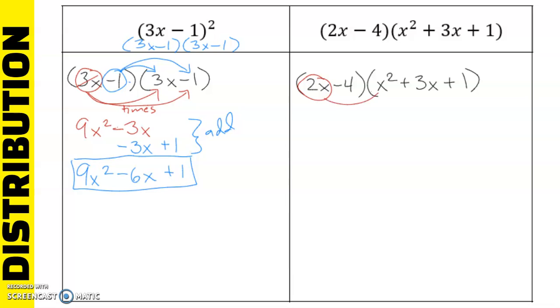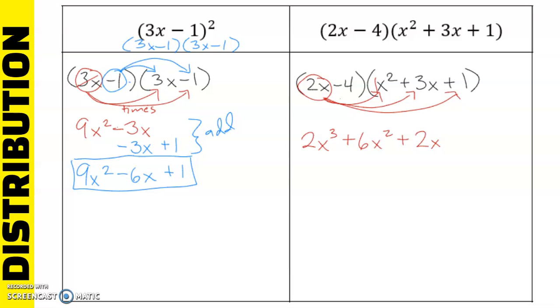So 2x times x squared is 2x cubed. 2 times 1 is 2. X times x squared is x cubed. 2x times 3x is positive 6x squared. 2 times 3 is 6. X times x is x squared. 2x times 1 is positive 2x.